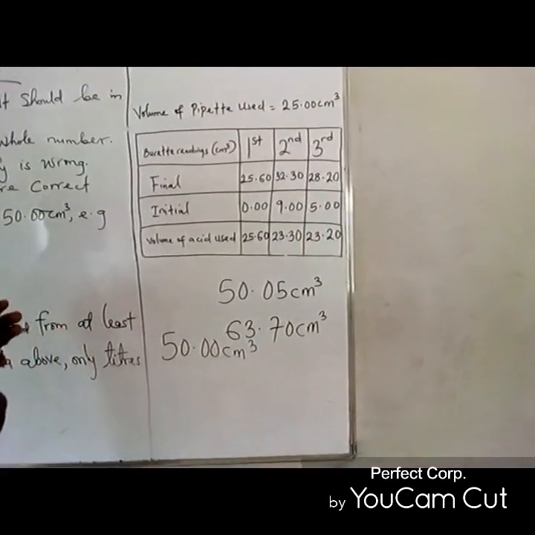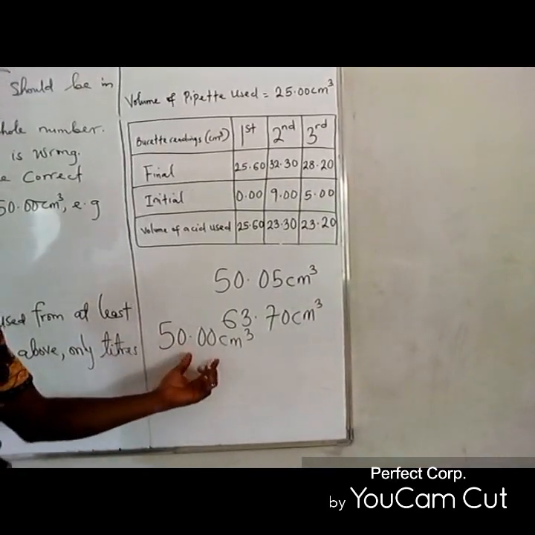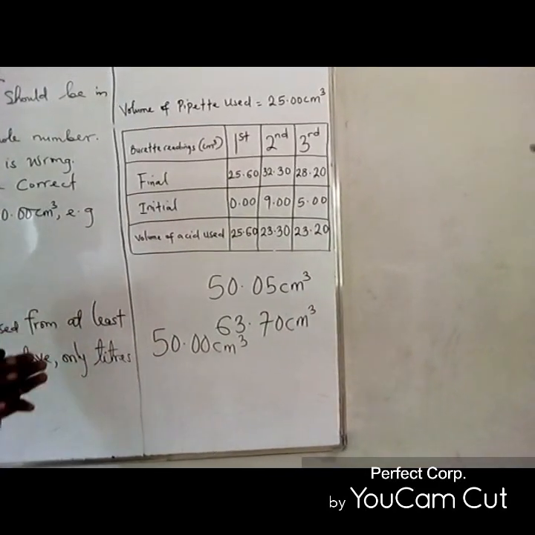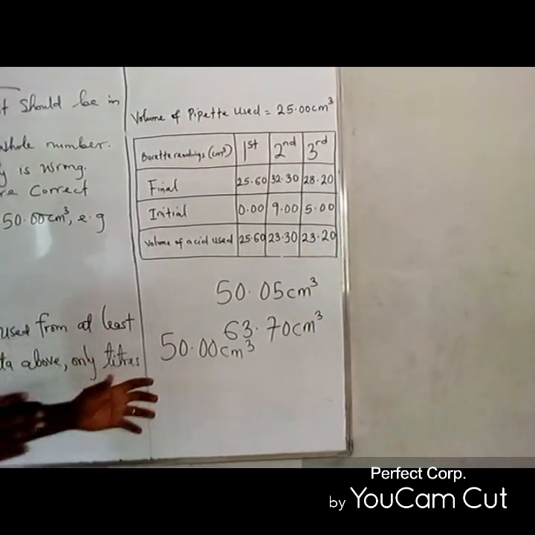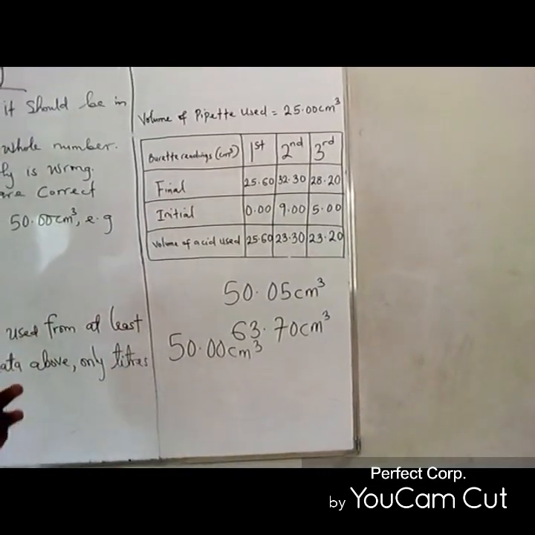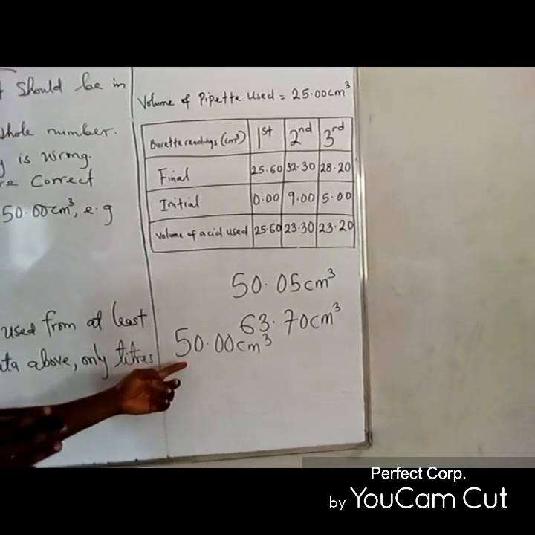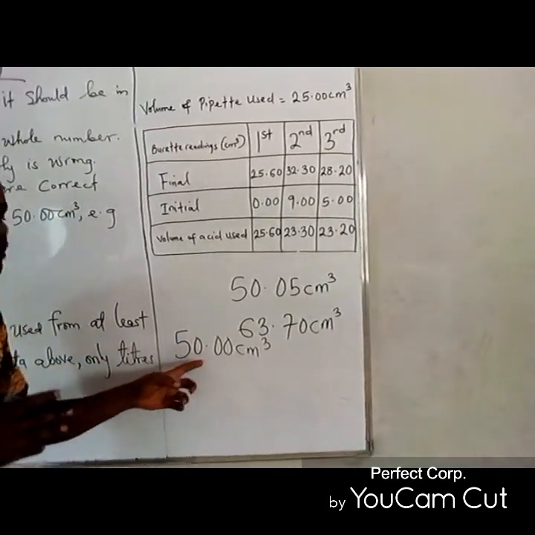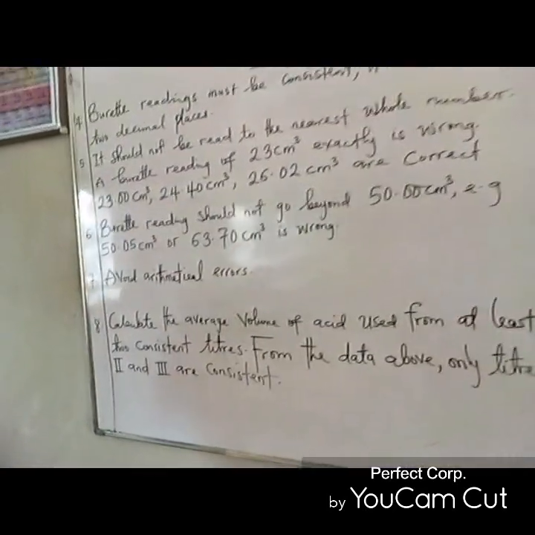When we are going to carry out acid-base titration, you are going to have a clearer understanding of this particular precaution. But for now, just take note that after titrating 3 times, after you have gotten 3 titer values, your burette reading must not go beyond 50.00 cubic centimeter. Now let's move to the next one.